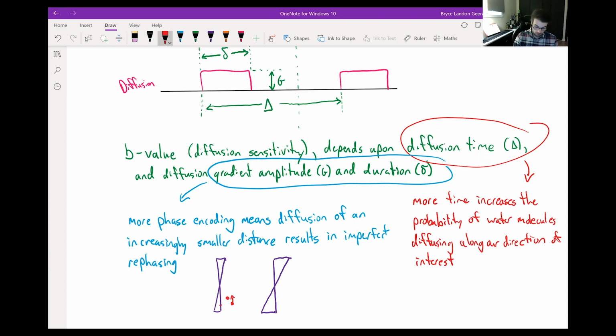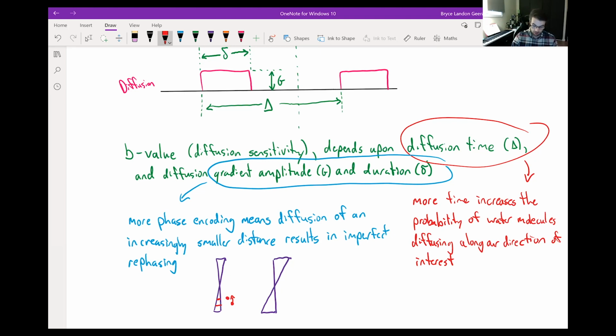Those two lengths, those tiny red lines that I drew, are pretty similar, which means that for the most part, that spin is going to be rephased semi-perfectly, close enough that it's going to be in coherence enough with the rest of the NMV to contribute to the echo in a meaningful way. So essentially the decrease in signal that you're going to see from this small diffusion is pretty minor. You won't really be able to see it very much on your image, and maybe it would just be misinterpreted as noise, which is intrinsic to MRI imaging.